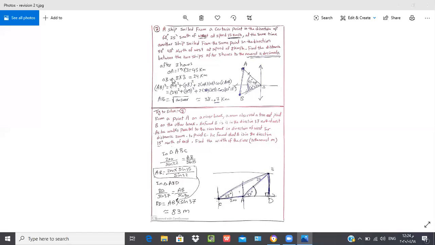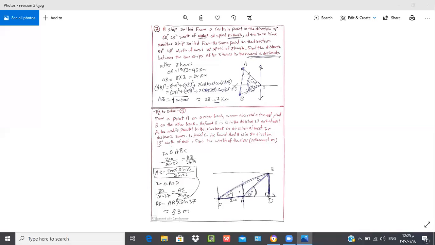So here, after 3 hours, I can find OA as a distance equal to velocity multiplied by time. It will be 45 kilometers. And OB equals 8 multiplied by 3, 24 kilometers. Here, I want to find AB square. I will apply the cosine rule. AB square equals OA square plus OB square minus 2 OA OB multiplied by cosine of the angle between them.